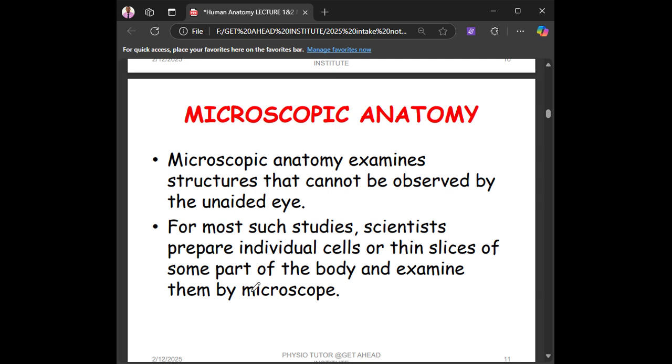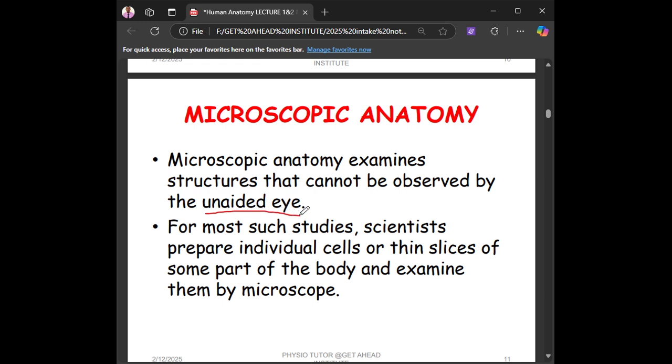Now let's talk about microscopic anatomy. Microscopic anatomy examines structures that cannot be seen by our naked eyes.